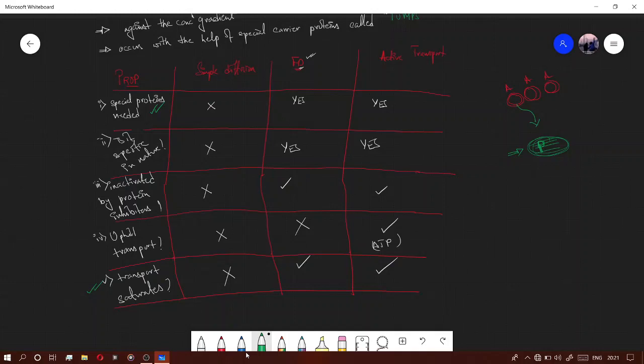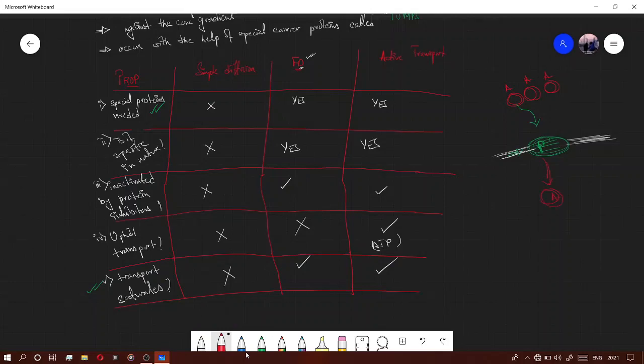Say this is the plasma membrane, and this transmembrane protein can transfer only one A at a time, bringing that A in here.